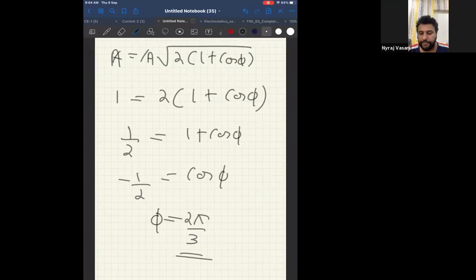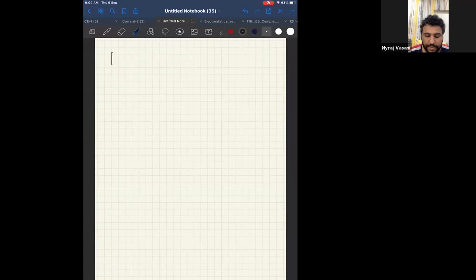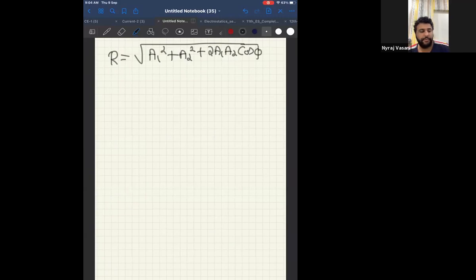it is here, everyone. You know that resultant is square root of a1 square plus a2 square plus 2a1 a2 cos phi, correct? Now, if you look at the question, a1 is 2 centimeter, a2 is also 2 centimeter, and phi is pi by 3, the phase angle.